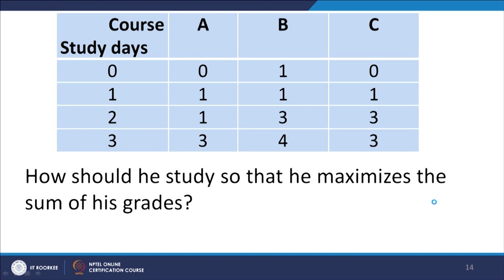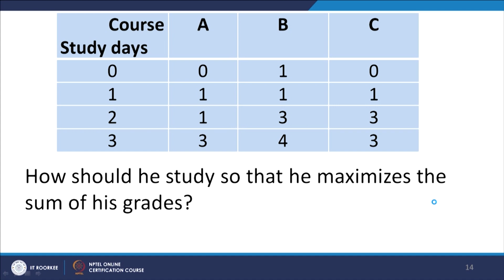In this table we have the courses A, B, C and the study days, that is 0, 1, 2, 3. For example, if the study days are 2, then A gets 1, B gets 3 and C gets 3. So, how should he study so that he maximizes the sum of his grades? In this table the estimation of his grades is given.